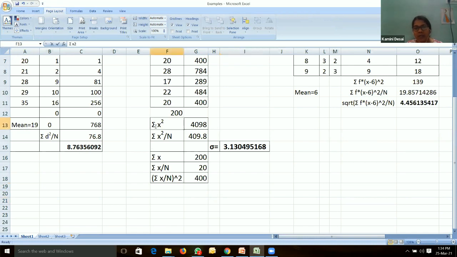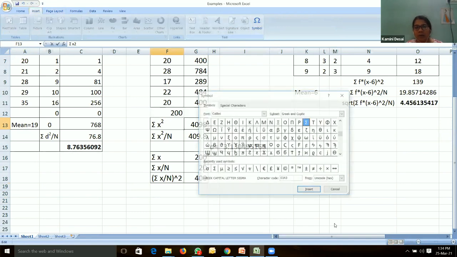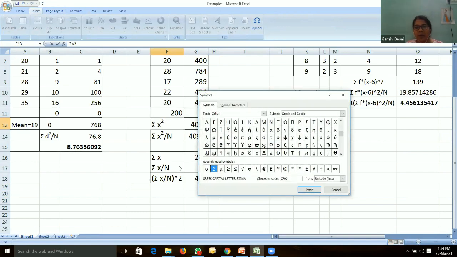How to insert this sign? You know that, just go to insert and symbol. So you get that sigma, mu, and summation.